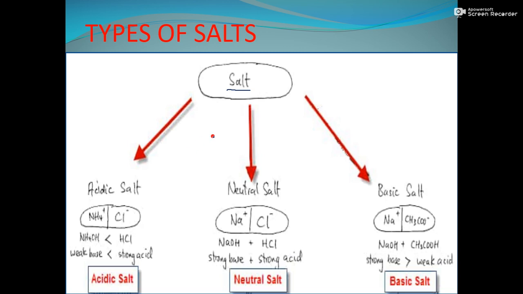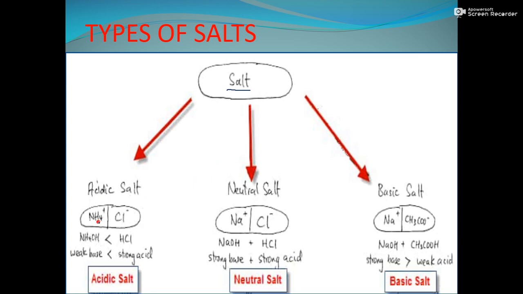And in the previous session we already discussed that strength depends on the ability of dissociation of the salt. अगर completely dissociate हो जाता है तो strong होगा और partially dissociate होता है तो weak होगा.